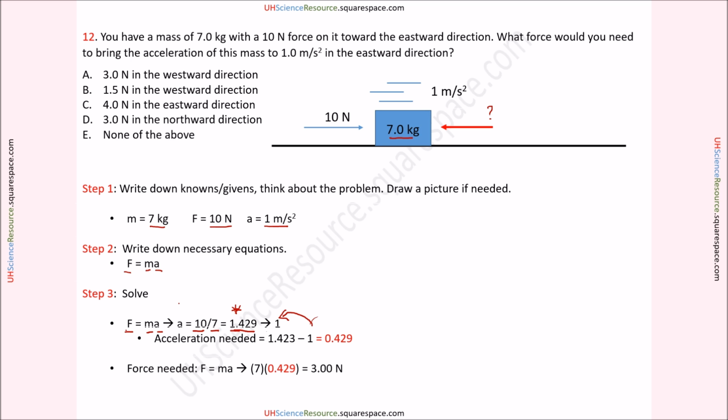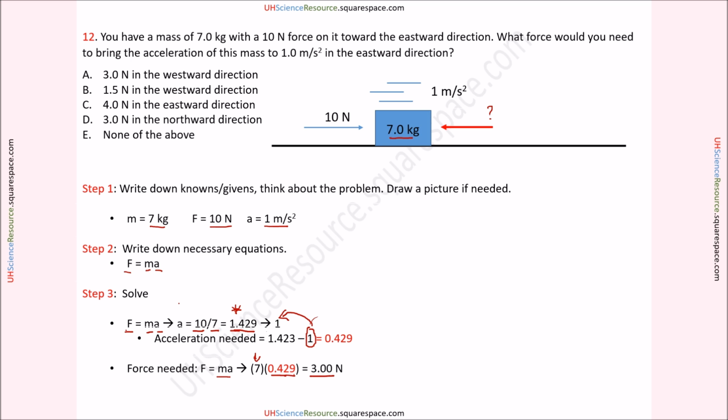So if we use the force equals mass times acceleration equation again, with the mass of 7 kilograms and the acceleration of 0.429, we find that we need a 3 newton force in the opposite direction of the 10 newton force in order to slow down the acceleration to 1 meter per second squared.